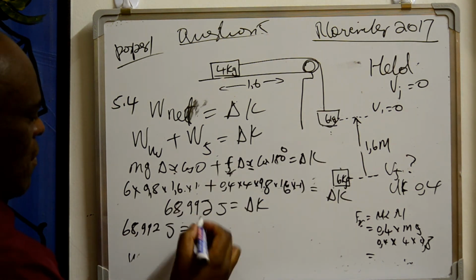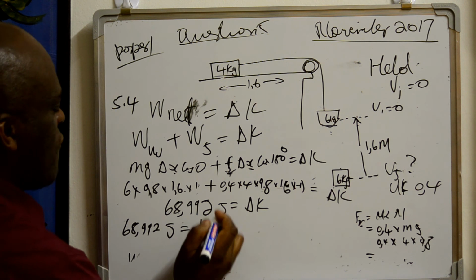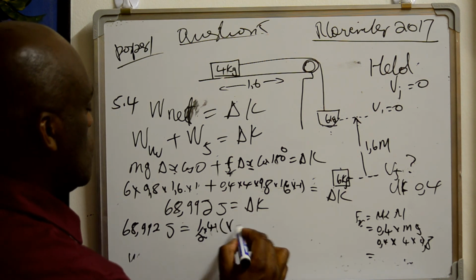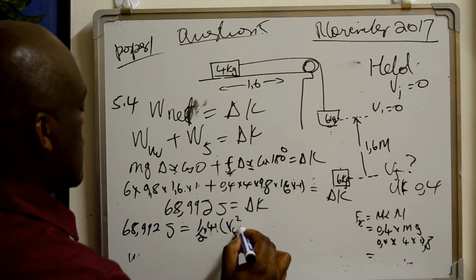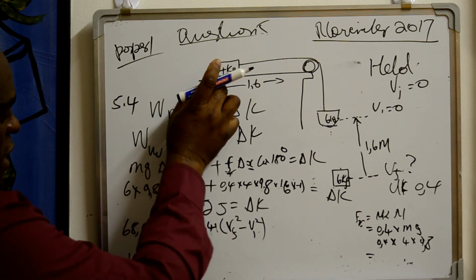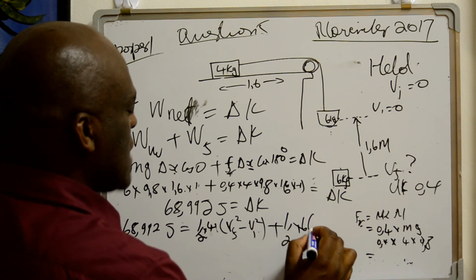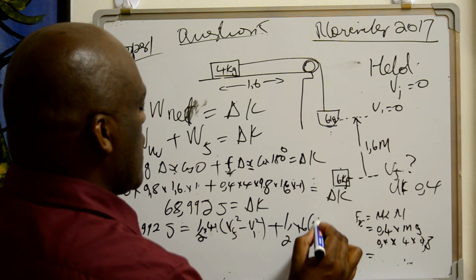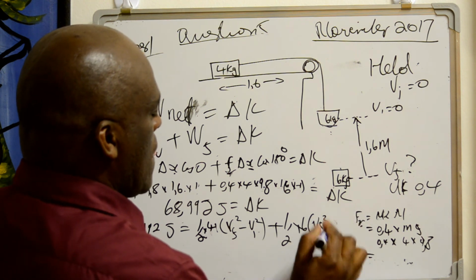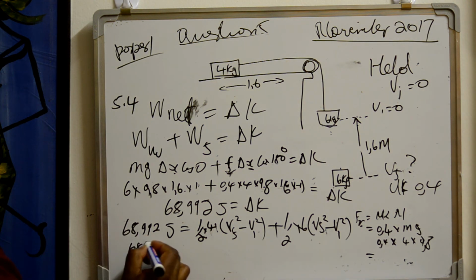So half times m of the 4 kg times (Vf squared minus Vi squared), plus half times 6 times (Vf squared minus Vi squared), all equal to 68,992 joules.